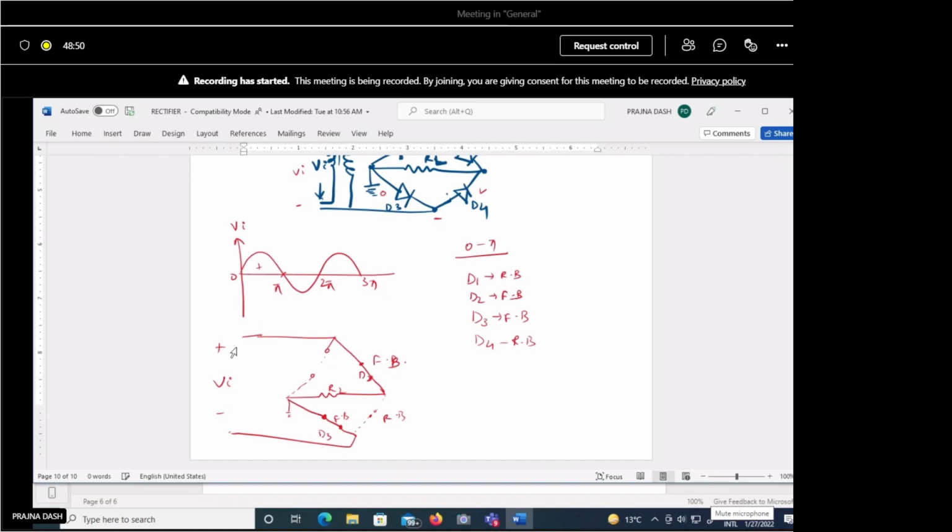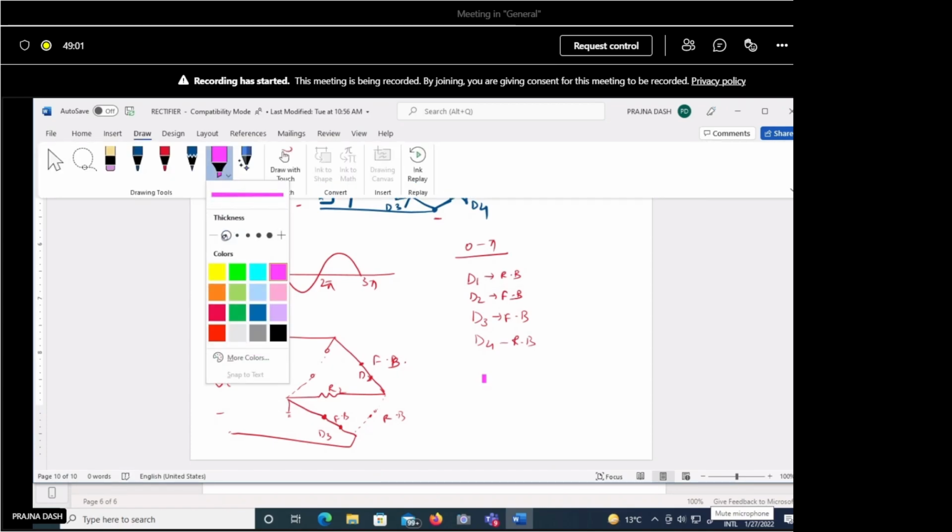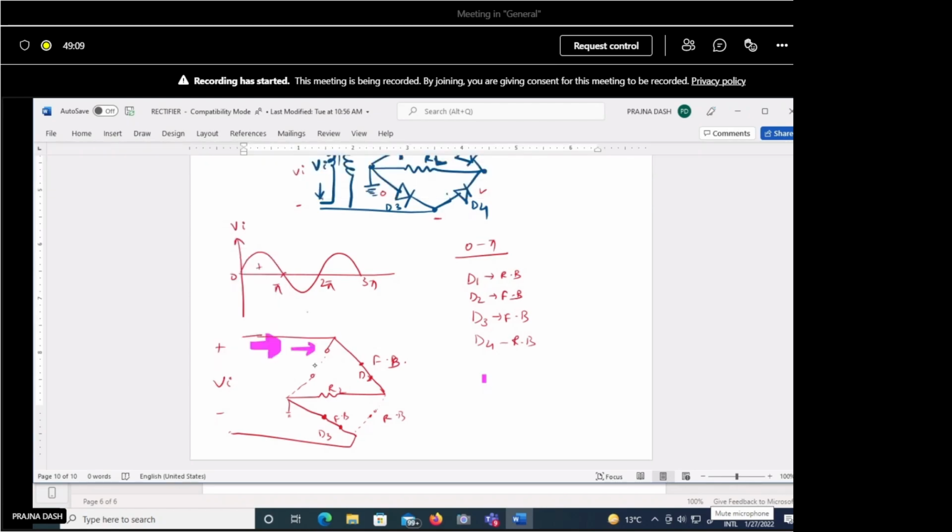If you see the path of the current, from the positive terminal the current will flow this way. This path is an open path, so the current will not flow through it. Through D2 the current is flowing. Again, it will not go to the reverse bias path. It will turn this way, and again this way to the negative terminal.